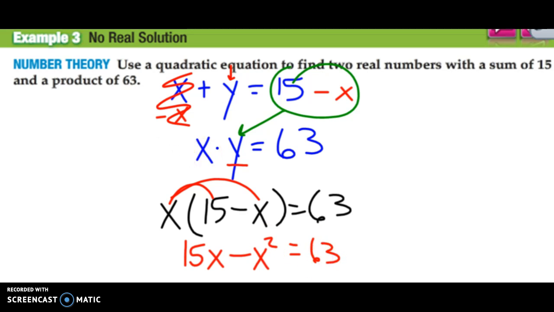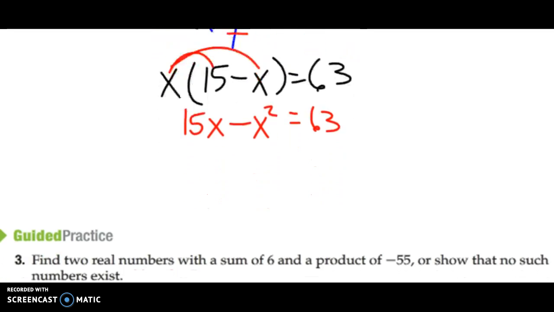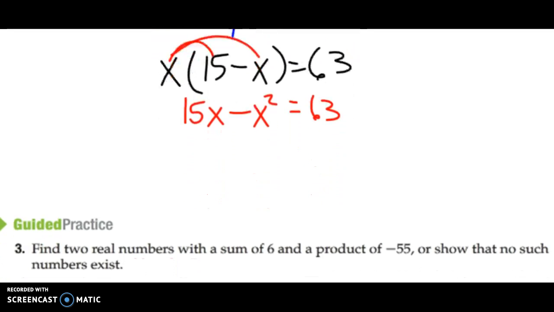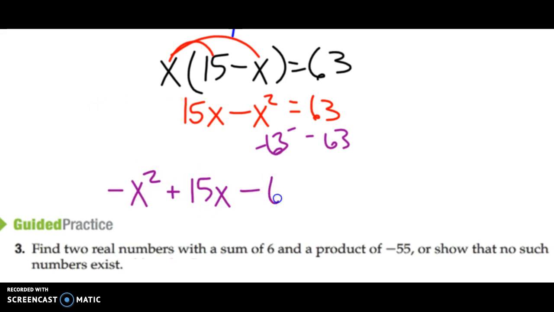Now this again is not in standard form yet. So I'm going to subtract 63 and do a little rewrite on my problem. So I move negative x squared to the front. Then I have plus 15x minus 63 equals 0. And so I have to figure out where the vertex of my parabola is.